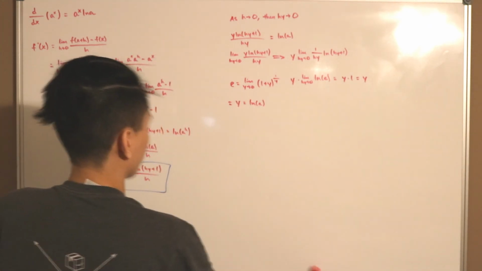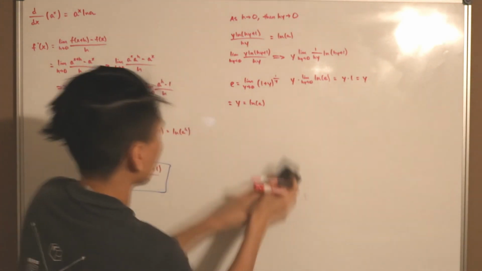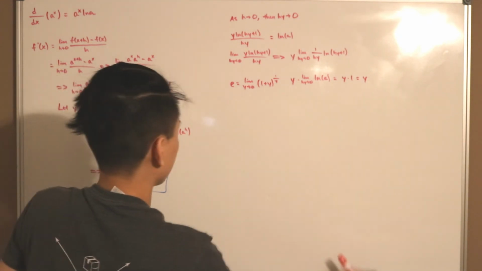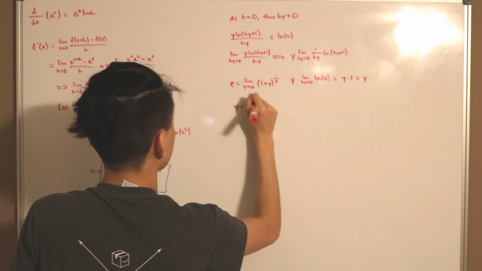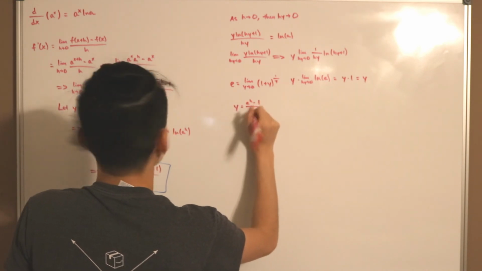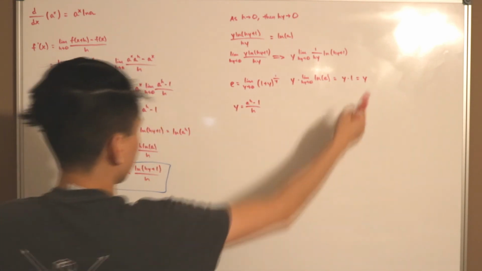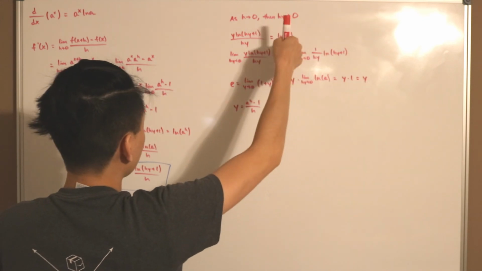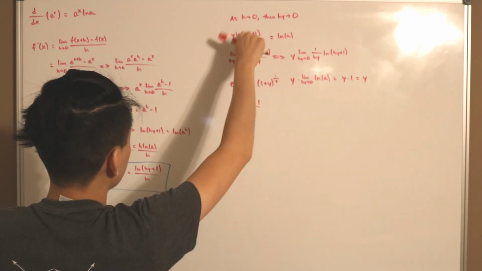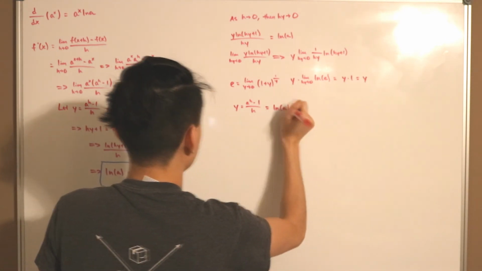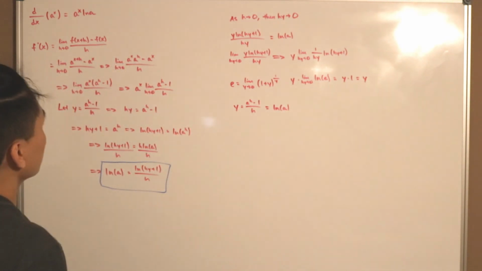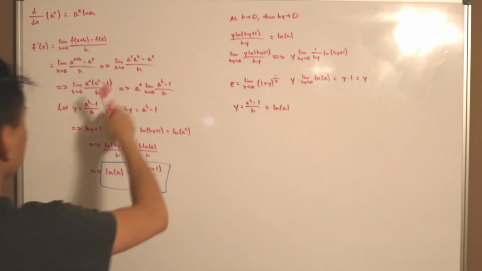Let me rewrite it this way to reiterate. We said y is equal to a to the h minus 1 divided by h, and we said y has to equal ln of a. So, backtrack to here.